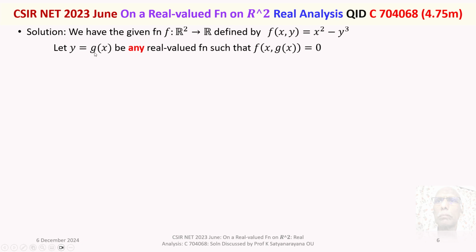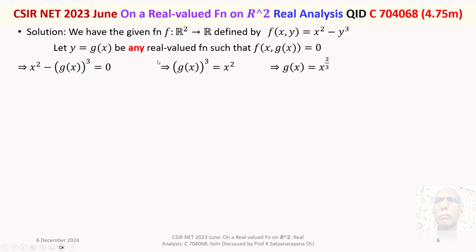We have given freedom for g of x; it is any real valued function. This implies x square minus g of x whole cube is equal to 0, which will imply g of x whole cube is equal to x square. Therefore, g of x is equal to x to the power of 2 by 3.